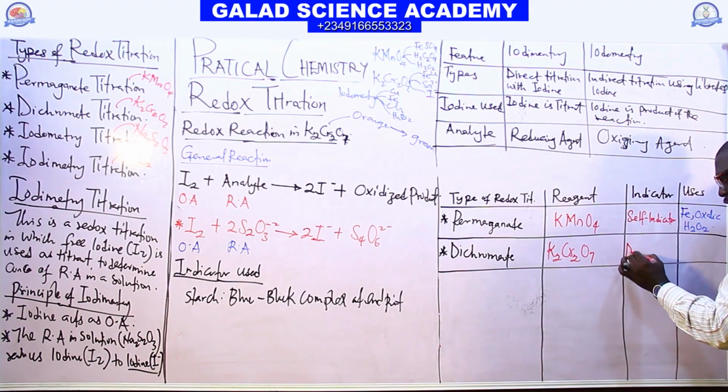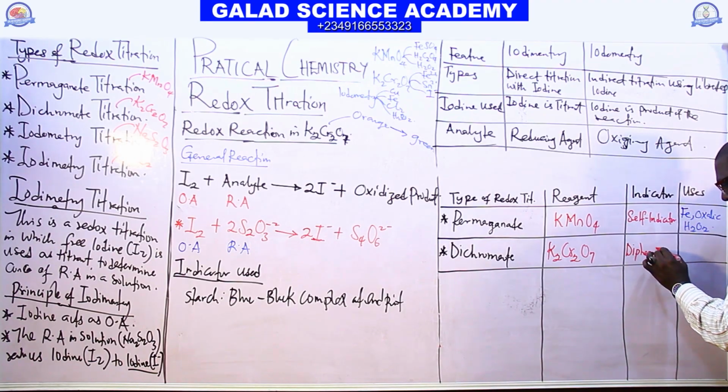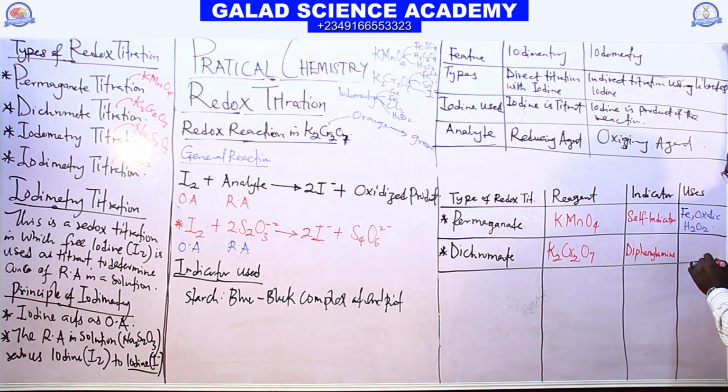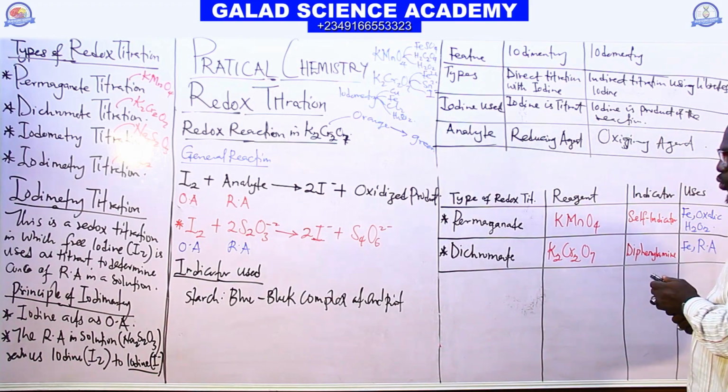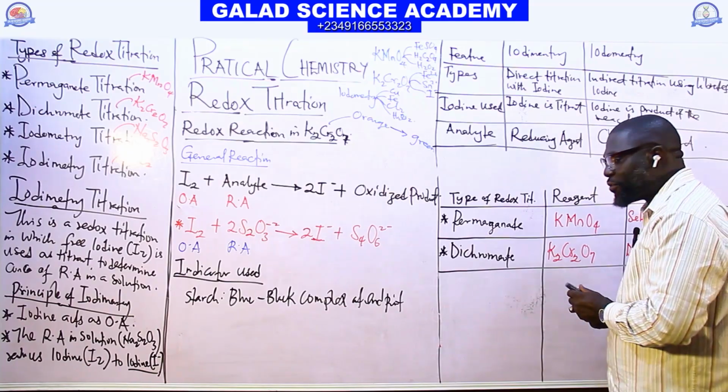The common indicator used here is diphenylamine. The color changes to violet. And what are the uses here? It is used to determine the concentration of reducing agent.